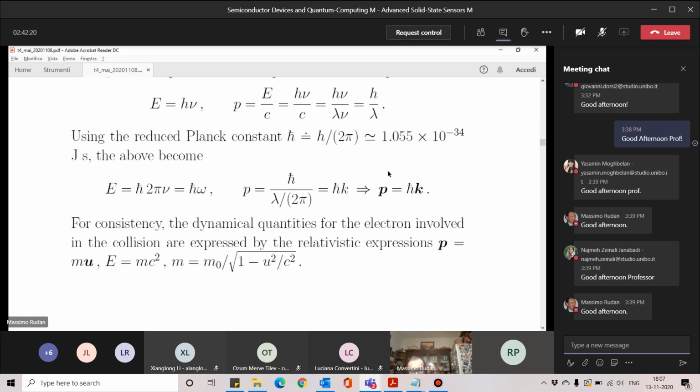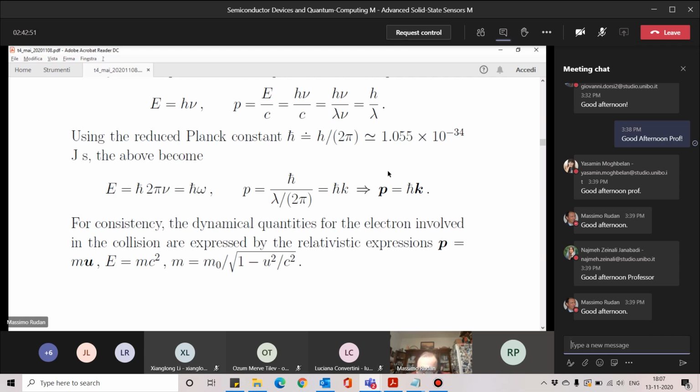And this is much easier in the calculation. So we lose some detail of the interaction when we consider just the asymptotic conditions, but we can perform a much easier calculation. So it is conservation of kinetic energy and conservation of momentum.